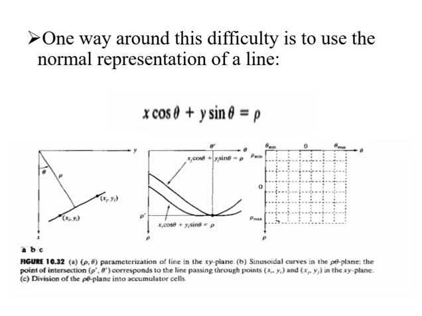The computational attractiveness of the Hough transform arises from subdividing the rho-theta parameter space into so-called accumulator cells, as figure C illustrates, where rho minimum, rho maximum and theta minimum, theta maximum are the expected range of the parameter values.